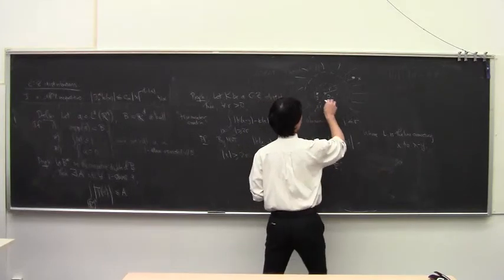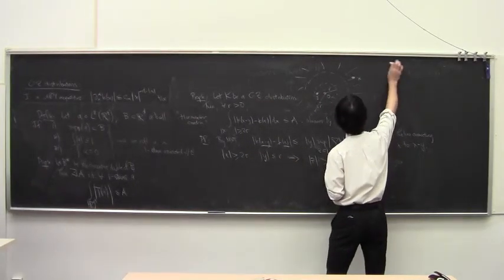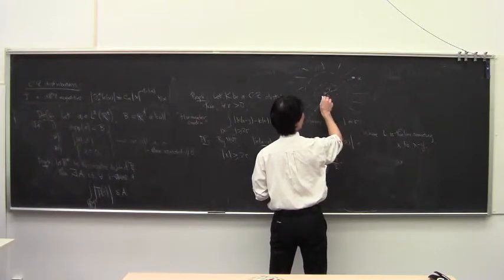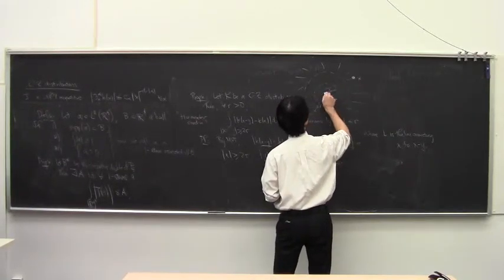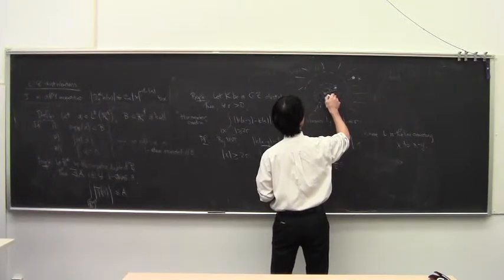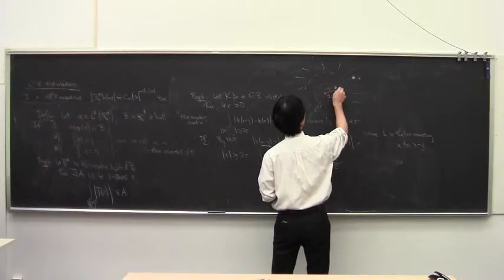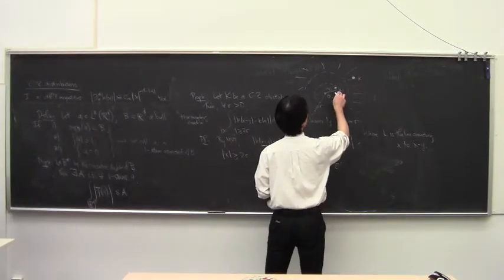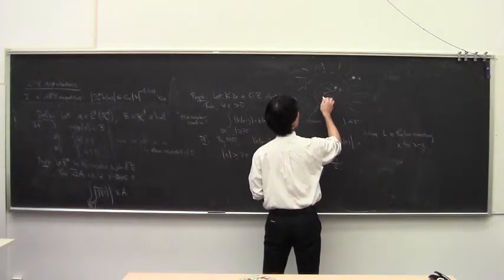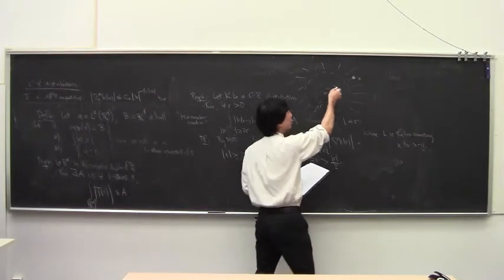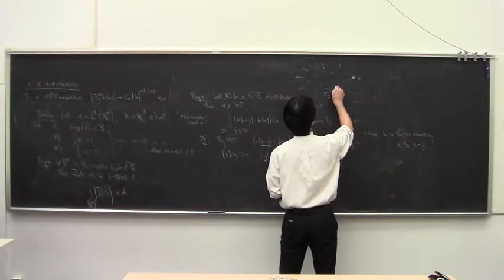At the very smallest, so here's x, and you're subtracting off y. The very smallest thing you're going to get is if y is pointing in the direction of x.